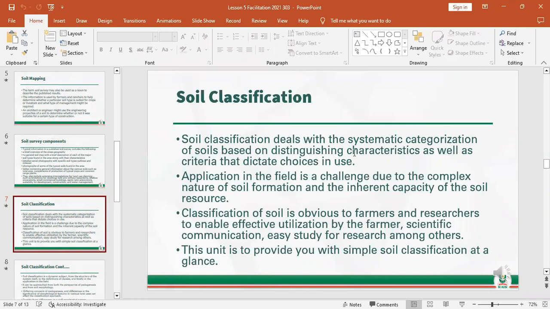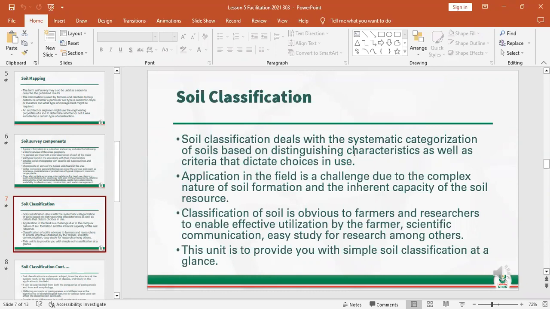Application in the field is a challenge due to the complex nature of soil formation and the inherent capacity of the soil resource. Classification of soil is useful to farmers and researchers to enable active utilization by the farmer, scientific communication, and easy study for research, among other things.